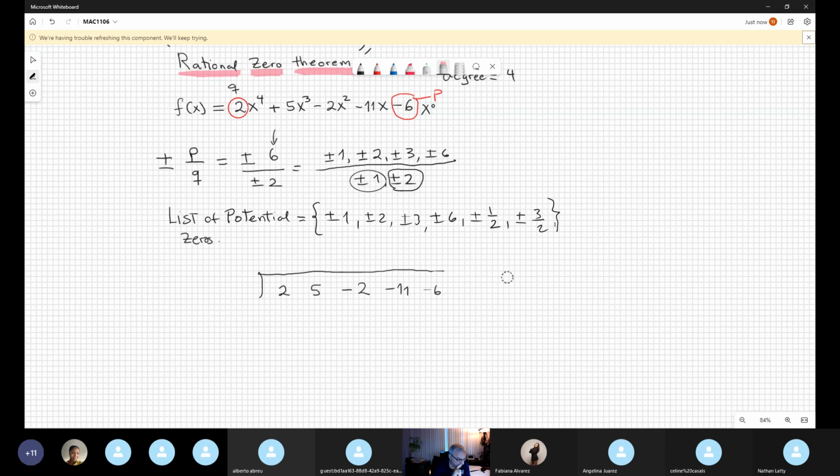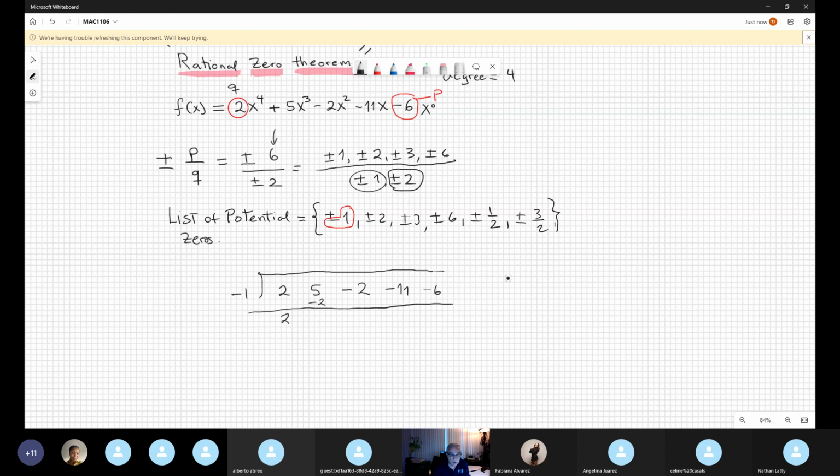But you trust me, I select -1. And -1 is one guy inside the potential list, -1. Yeah, I put -1 here. If you select another different from -1, maybe it doesn't work. I don't know. So, you bring down 2. Multiplication 2 times -1 is -2.